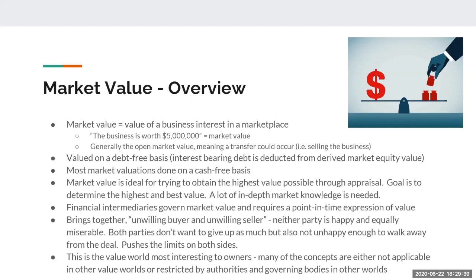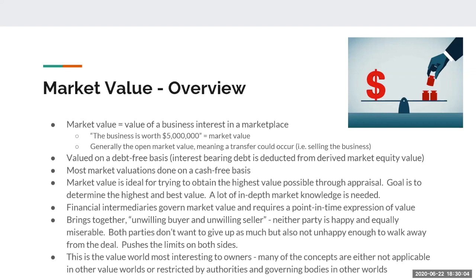Market value is ideal for trying to obtain the highest value possible through an appraisal. So basically, you want to direct your appraisal towards obtaining the highest market value, because when you're doing a private business valuation, and I'll get into this a little later, this isn't where there are a lot of buyers and sellers.